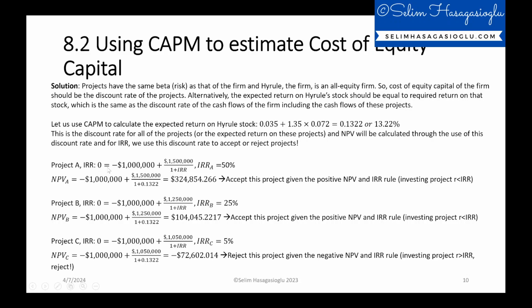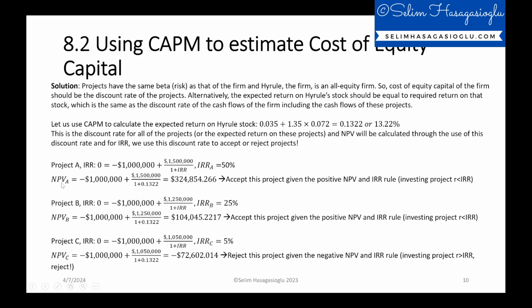So 0 equals the initial investment of $1 million plus the cash flows for the next year, $1.5 million, discounted for a single year, 1 plus IRR. So if you solve, IRR A, or internal rate of return for this specific project A, should be equal to 50%.